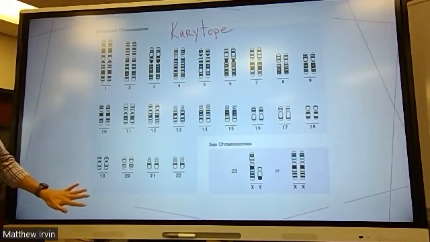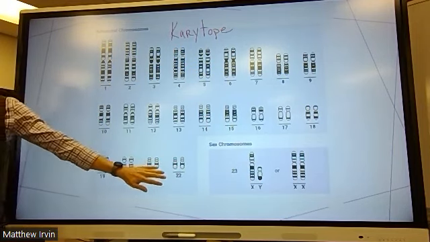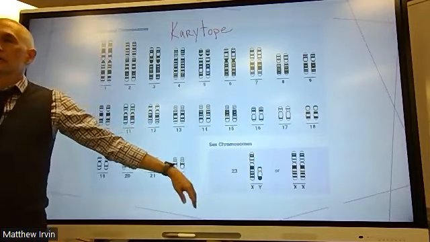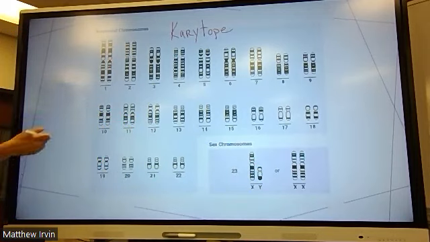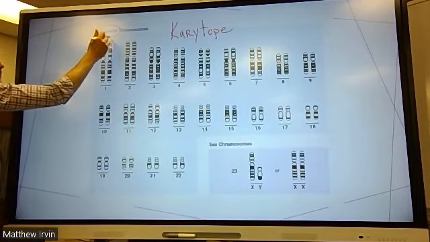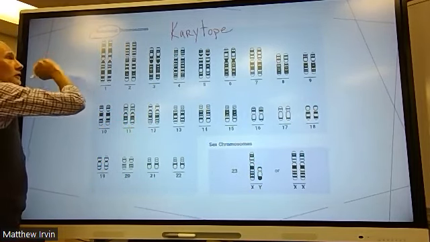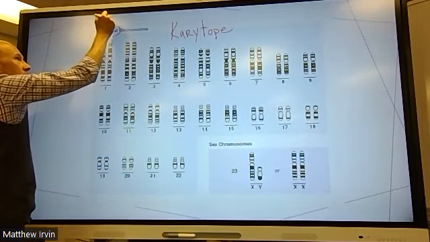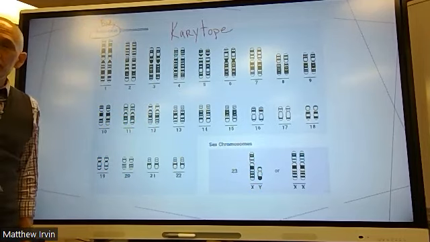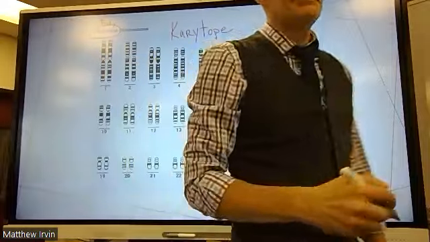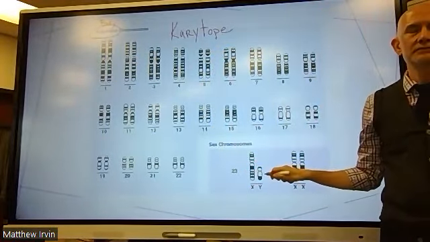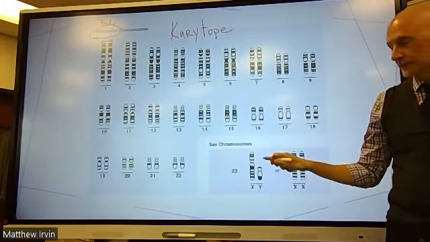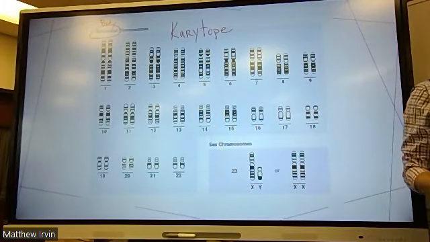And so here we've got 22 chromosomes, and then you've got the 23rd chromosome pair, which are the sex chromosomes. All of these others are the autosomal chromosomes, or the body chromosomes, or the somatic chromosomes. And then you have the sex chromosomes, and you either have XY, which would be male, and XX for female.